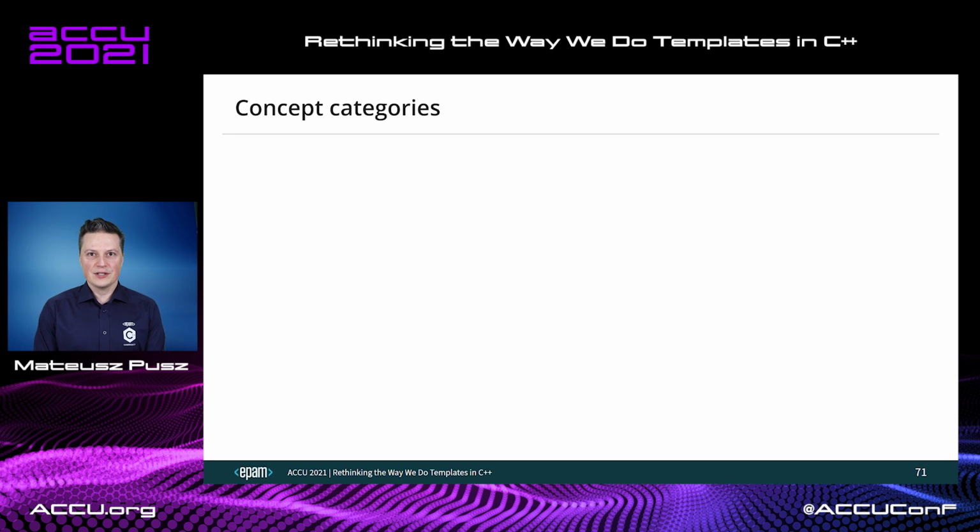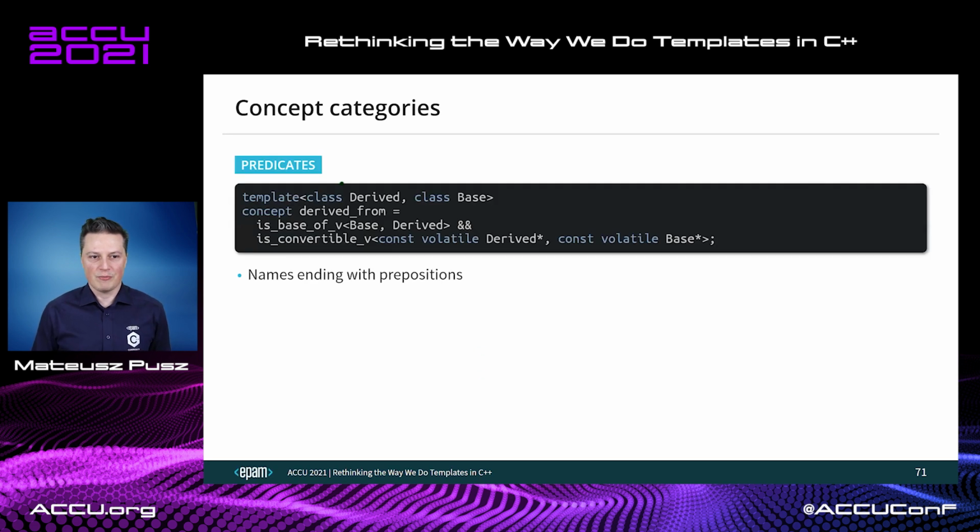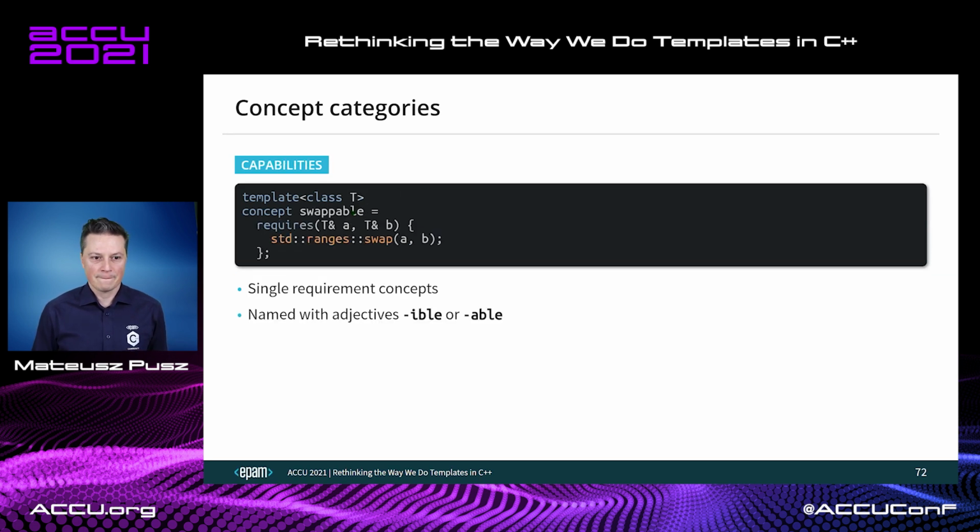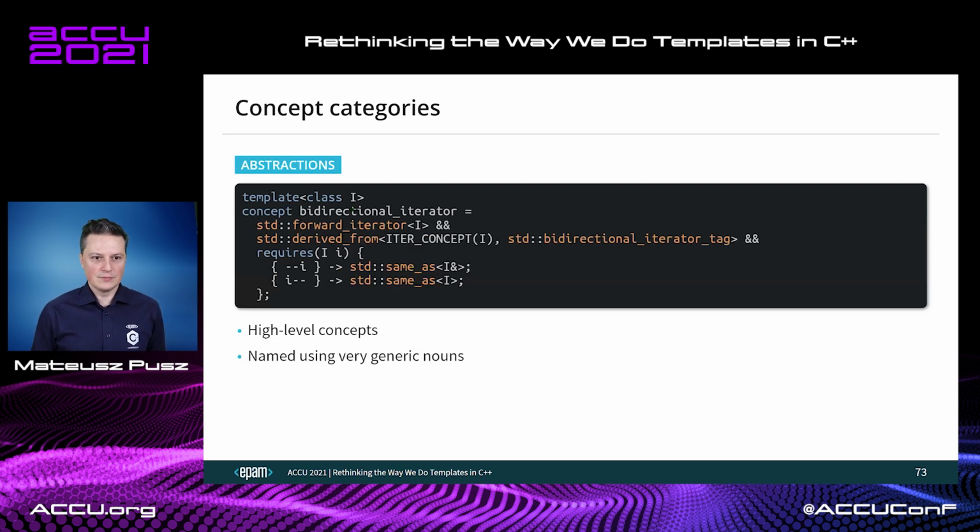In the committee meetings in LEWG, we agreed on some categories of concepts. We agreed that we have predicates, like derived from, capabilities, that basically provide single requirement concepts, like something is swappable, or abstractions, like bidirectional iterator, if the type I behaves here like a bidirectional iterator, right?